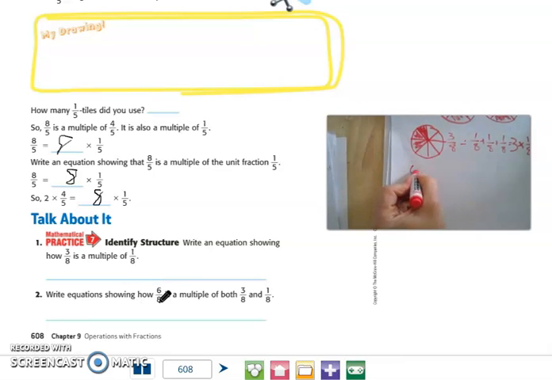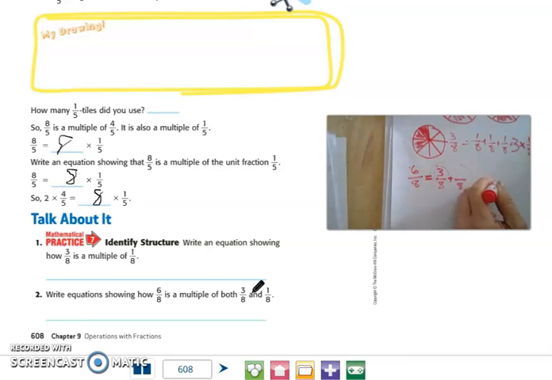So we've got 6/8, and we need to get 3/8 to get me there. How many times am I going to add 3/8 to get 6/8? And then however many times is going to be the whole number times 1/8. Hopefully you can figure this part and this part.